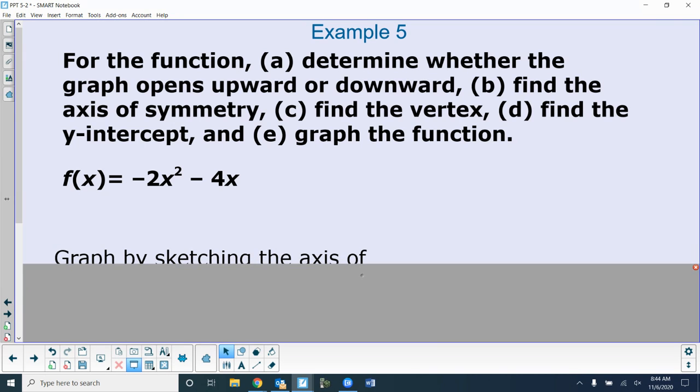I guess I have to answer all those first. So A, down. What do I do for B? Axis of symmetry.